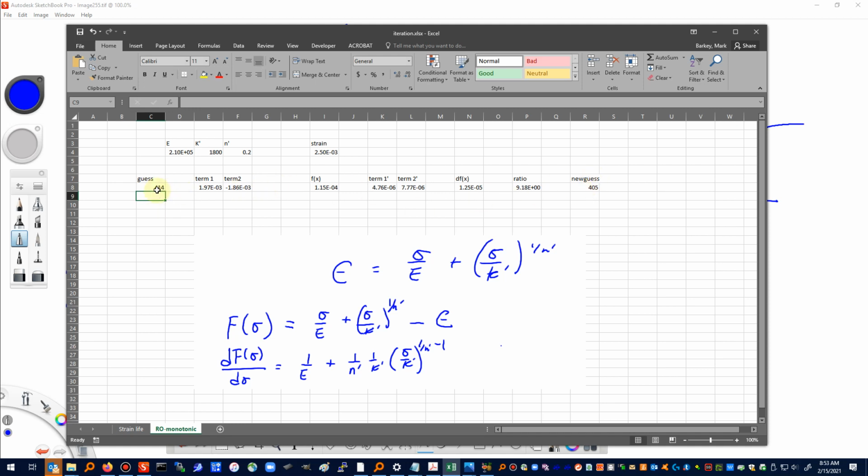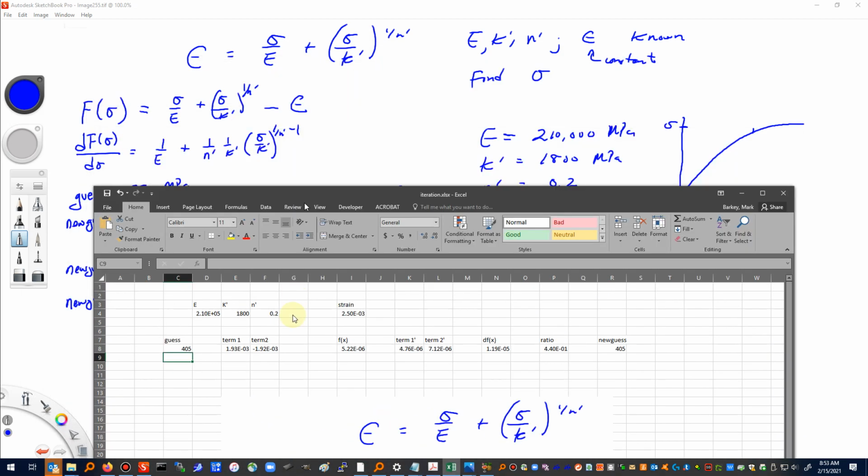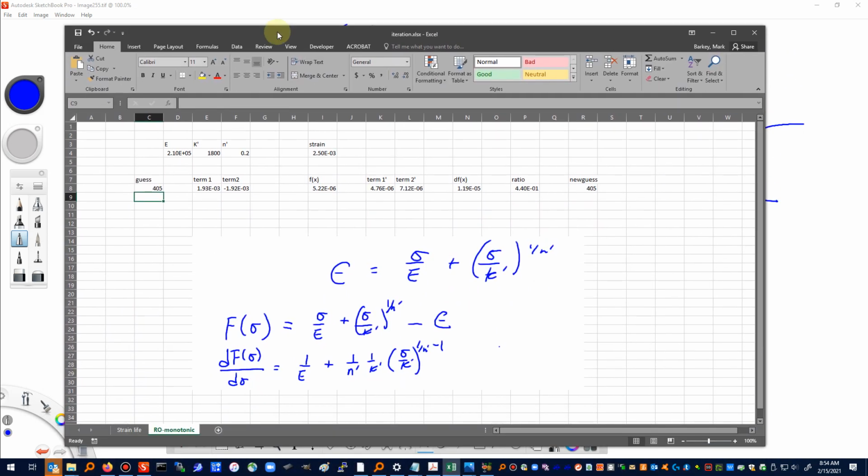My new guess is 405. So within rounding, the answer is about 405 for the value of stress that corresponds to a strain of 2500 microstrain. I will give you this spreadsheet. You can play around with it if you'd like, but it's just to illustrate the Newton-Raphson iteration technique.